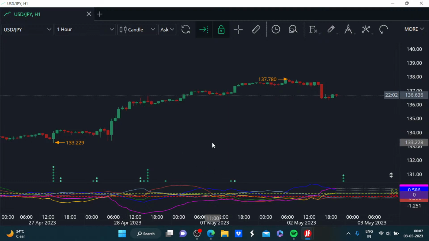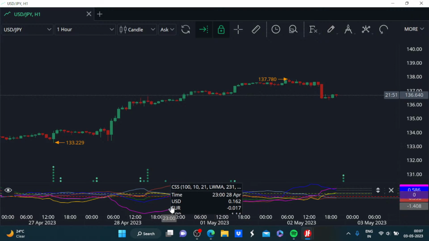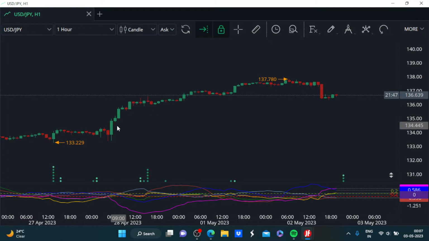So suppose, for example, even after you come to know that the trend is bearish for the Japanese yen, you now have additional information that the trend is not as strong as what it was earlier.